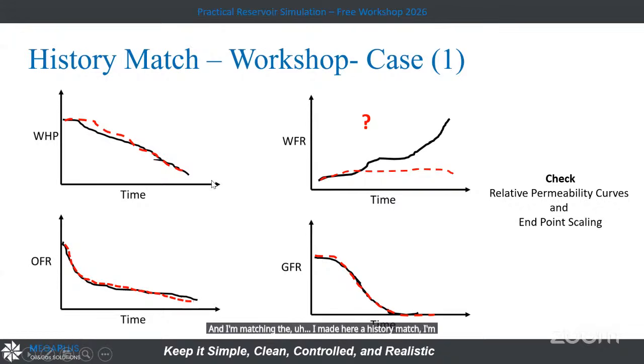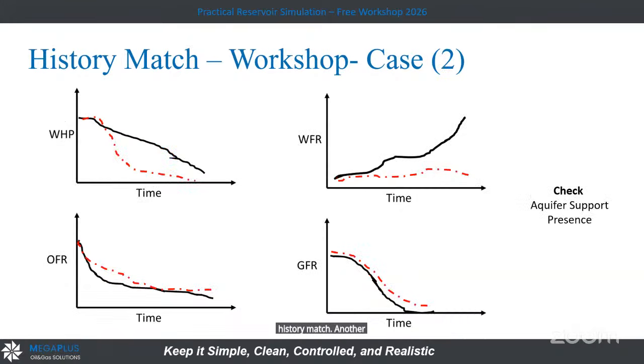I'm matching the wellhead pressure, the oil flow rate and the gas flow rate, but the water flow rate is not matching. So what I'm going to do is check the relative permeability curves in my simulation. I will smooth the relative permeability of water or increase it, so I get the production of water and the history match. With this new relative permeability and the whole geologic model, I can depend on it because it's history matched.